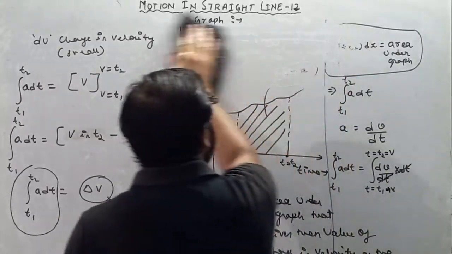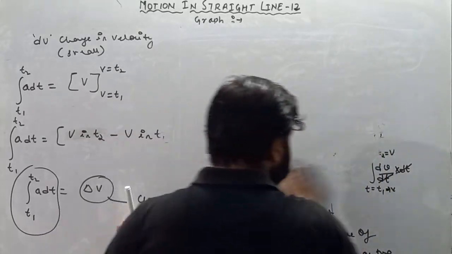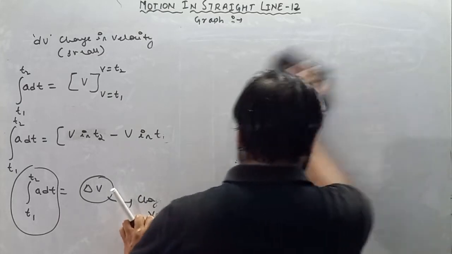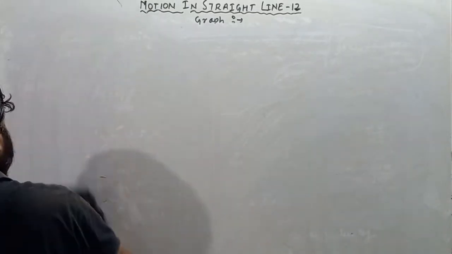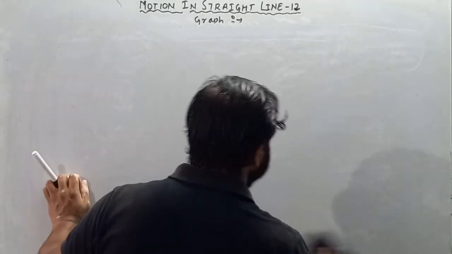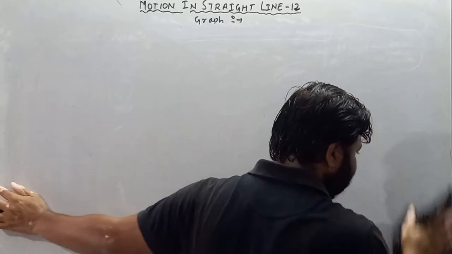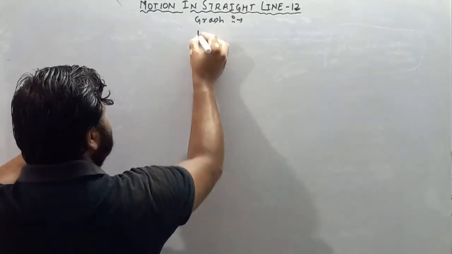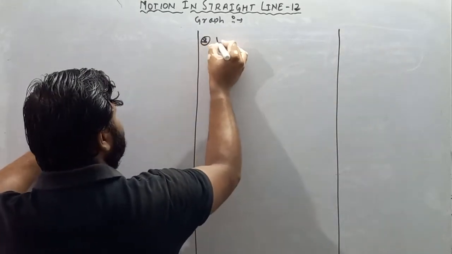Moving forward, write down the next graph, acceleration. Write down motion with constant acceleration. Let's suppose I write the heading: motion with constant acceleration.